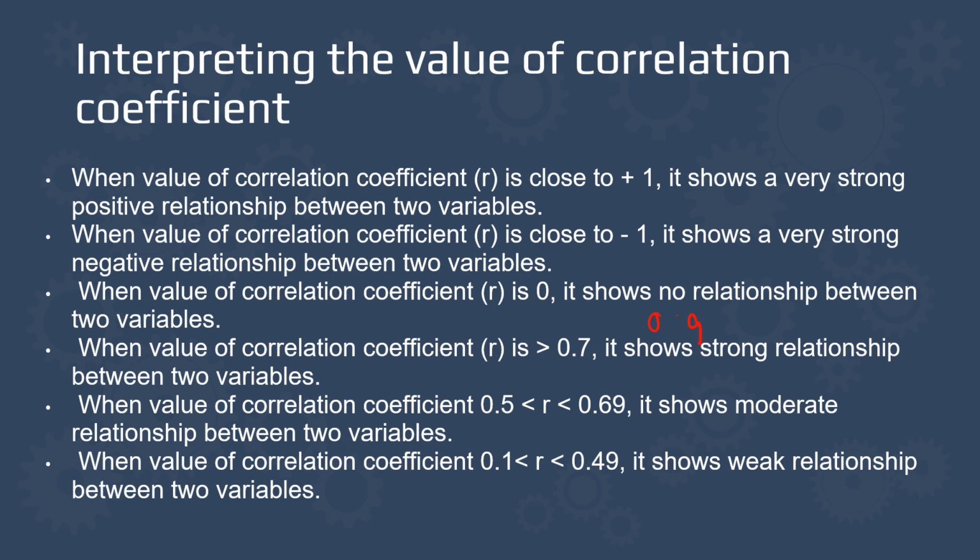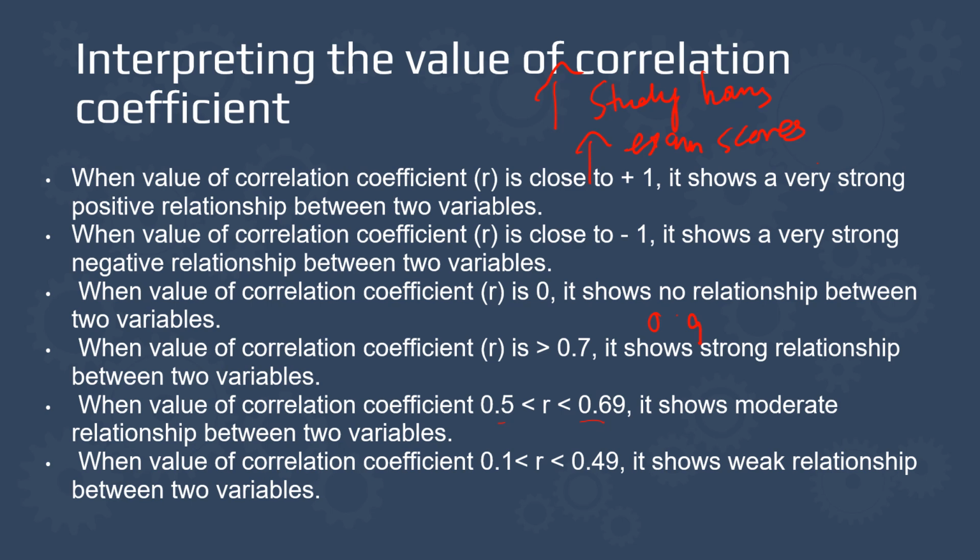For example, the correlation coefficient between two variables, study hours and exam scores. This indicates that the increase in study hours is strongly associated with higher exam scores.